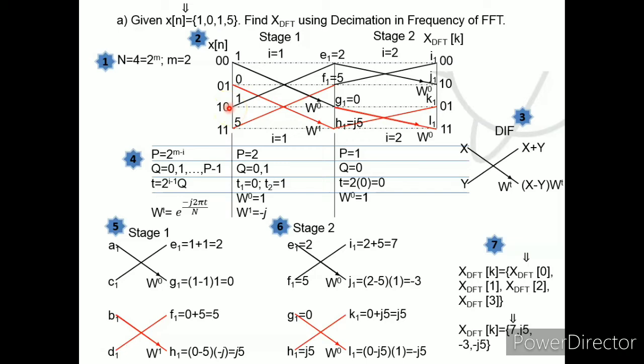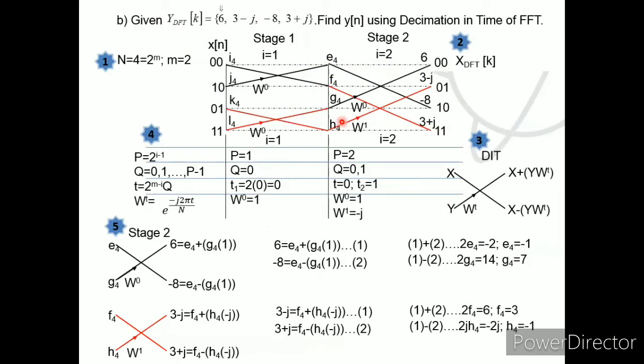The third step is to find the pair of the butterfly, and the fourth step is to calculate the weight value, and lastly to get the value for each point here. And of course you will get the DFT signal after you calculate E1, F1, G1 and H1.